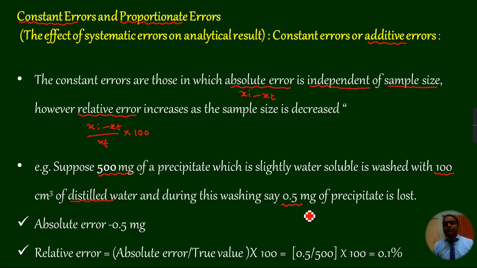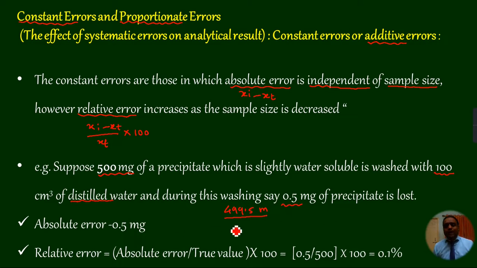That means the final weight of precipitate will be less than 500 minus 0.5 milligram, that is 499.5 milligram. This will be the final weight of the precipitate after washing, because you are losing 0.5 milligram in each step.